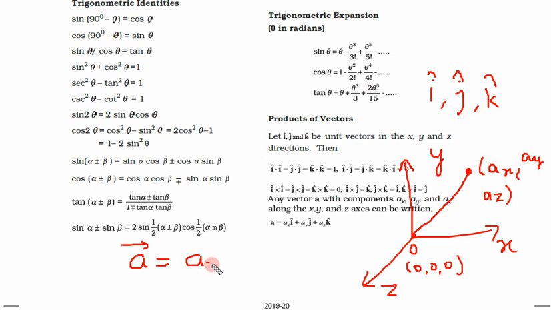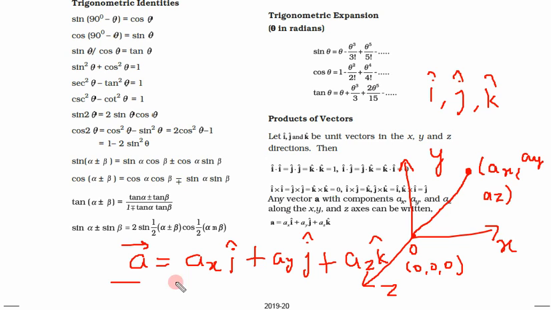ax coordinate into unit vector i, because we have traveled ax distance on the x axis. Now ay into j, because we have traveled ay distance on the y axis. Third, az into k. So these are the unit vectors.